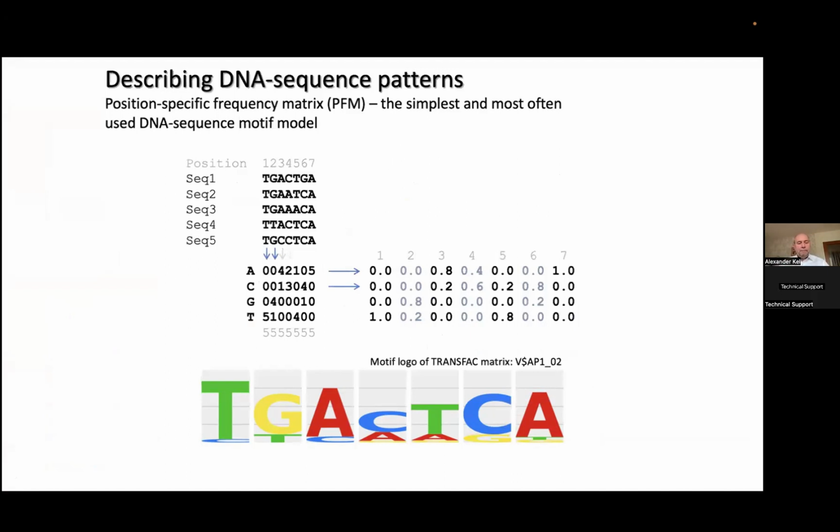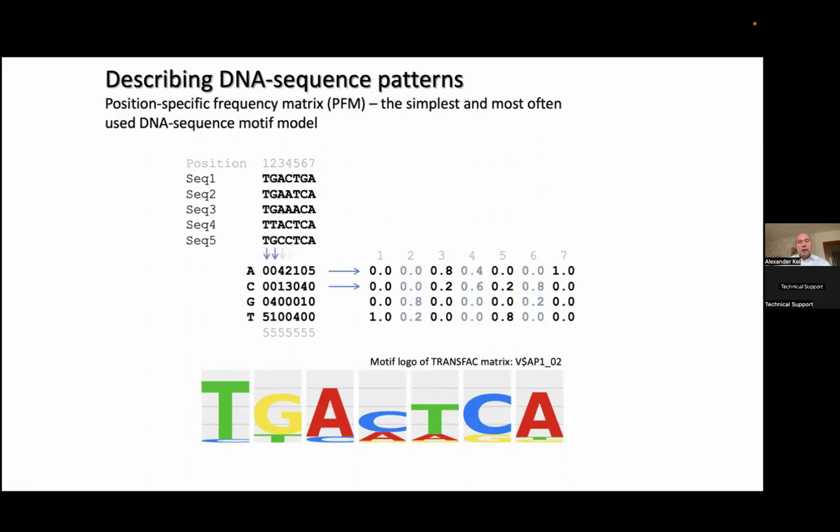Here you see approximately how it works. At the end, you have such a logo which explains which nucleotides are more conserved in the binding sites for a given transcription factor. For instance, in this case, we are talking about AP1, a transcription factor which binds in the genome to many places.